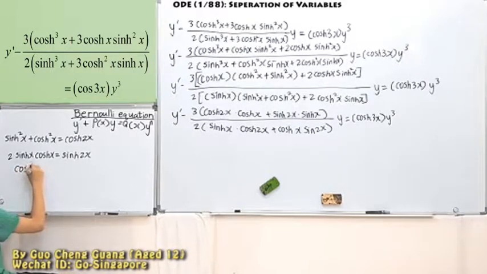This hyperbolic cosine. Okay, for example, you can take this part as x. Then you take this part as y.